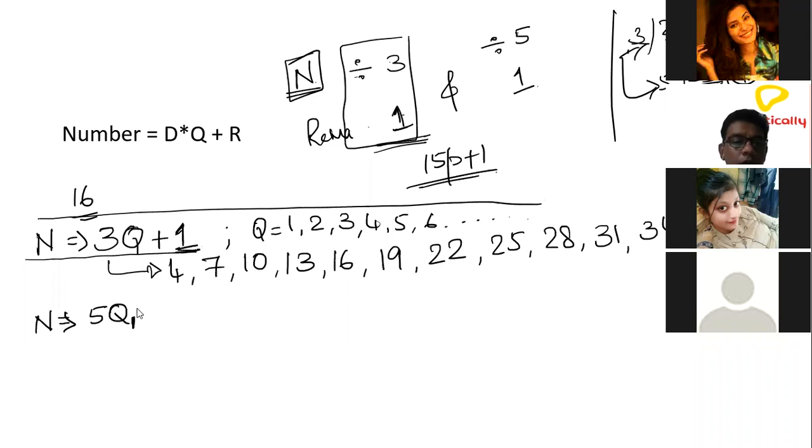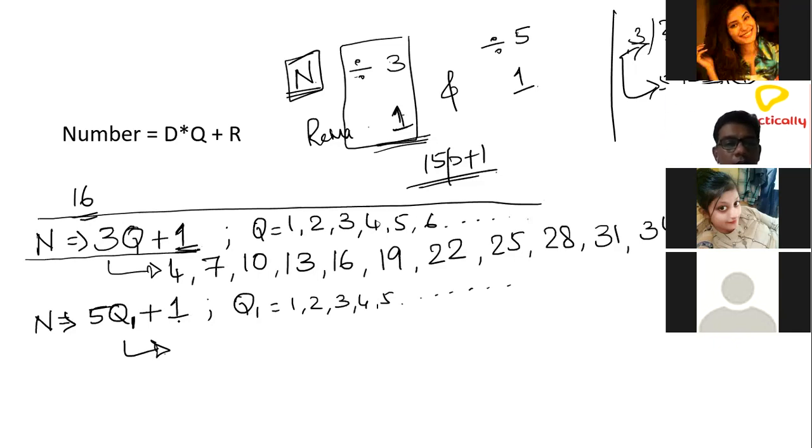And we are now saying that when I'm dividing by 5, I get a quotient and then there is a remainder 1. So again, what are the Q1 values? Q1 values will be 1, 2, 3, 4, 5, 6 and so on and so forth. So let's start placing Q1 values. If Q1 is 1, 5 into 1 plus 1, that is 6 is the value.